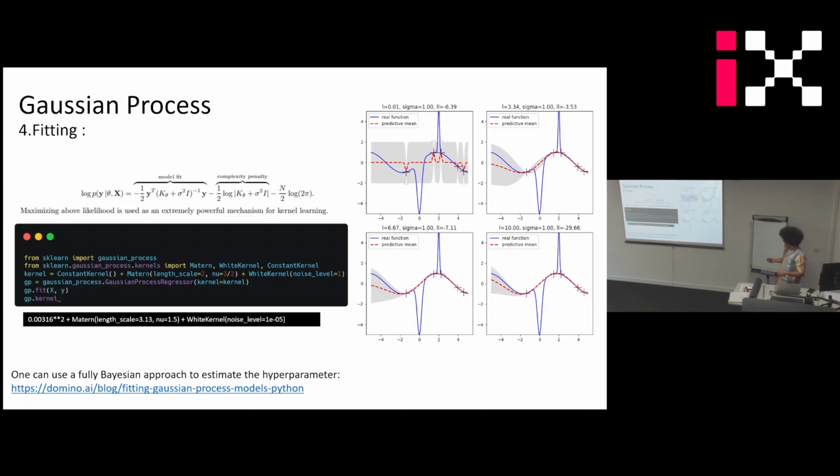You can also use a fully Bayesian approach to estimate these hyperparameters, using MCMC approaches to explore the space and find distributions for the hyperparameters that best fit your model.